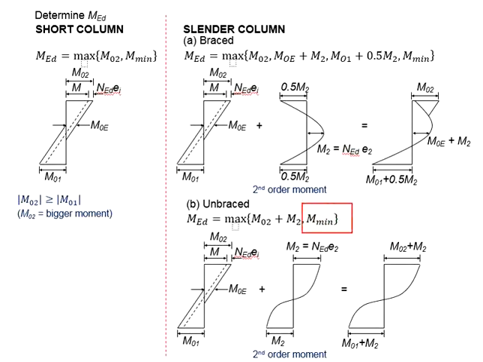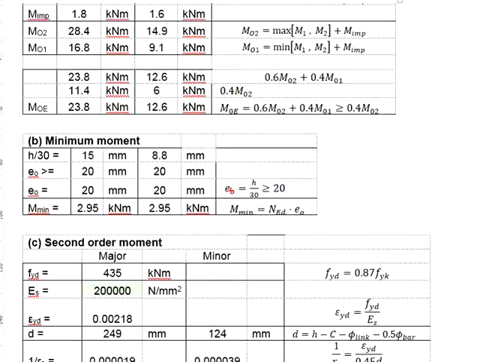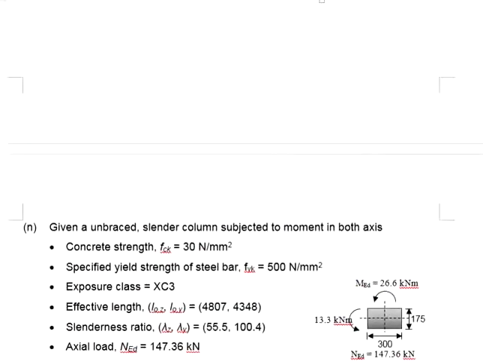Next, we need to determine the minimum moment. The minimum eccentricity is determined by E0, which is calculated as h per 30. And this h per 30 needs to be at least greater than 20. For the major axis, the h will be 300.